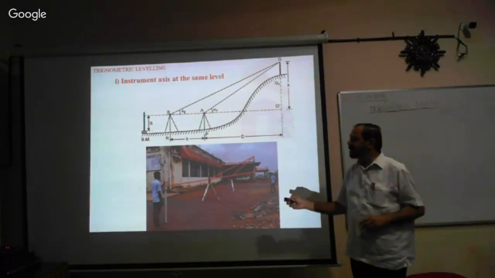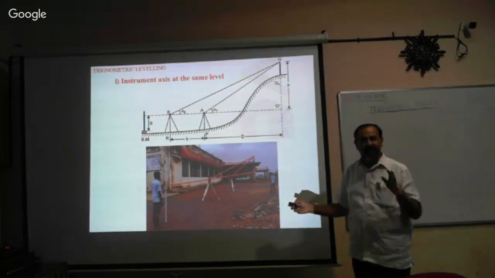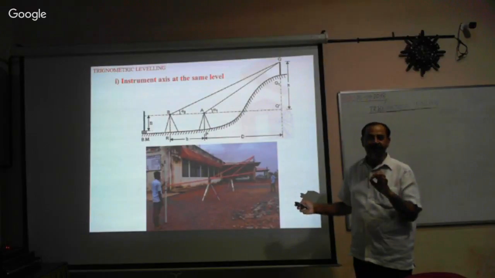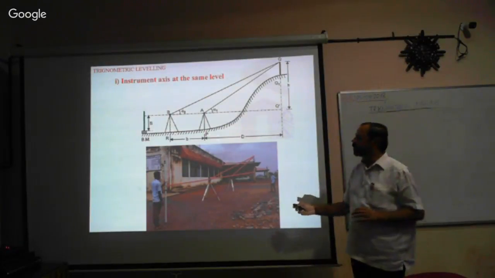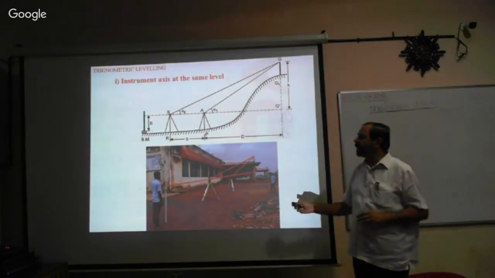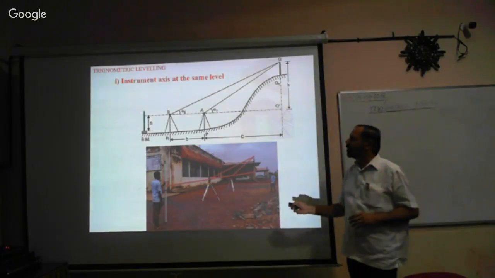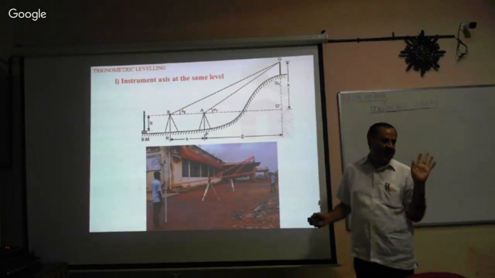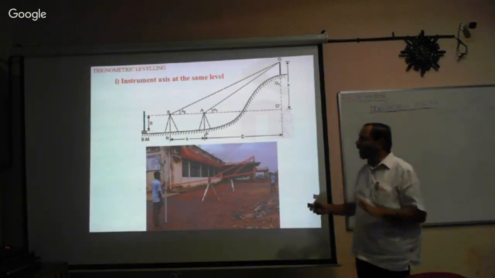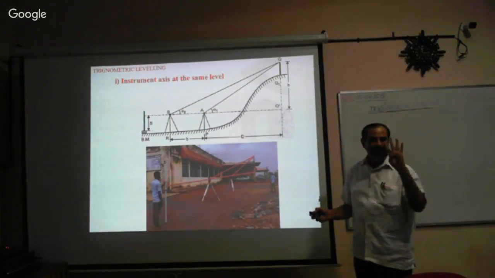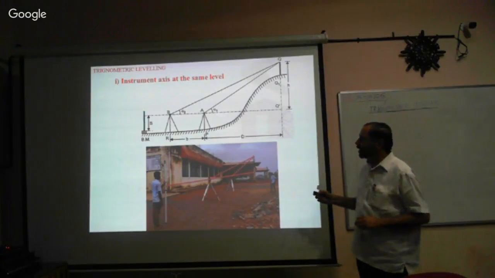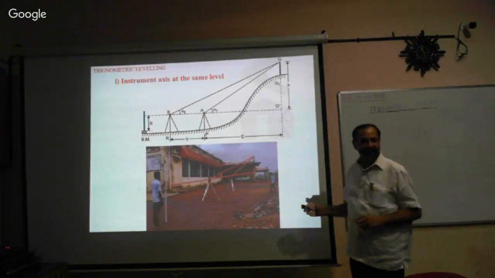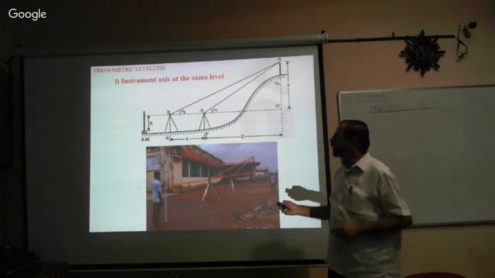The staff reading is the same in both cases, since in both instrument stations the instrument axis is lying in the same line. Understood? Got my point? Now how many data do we have? Four data: one is alpha 1, the other one is alpha 2, and we have the distance between the two instrument stations and S.